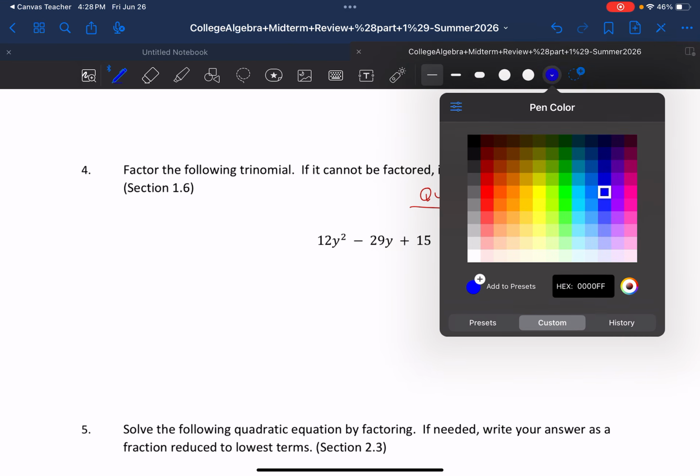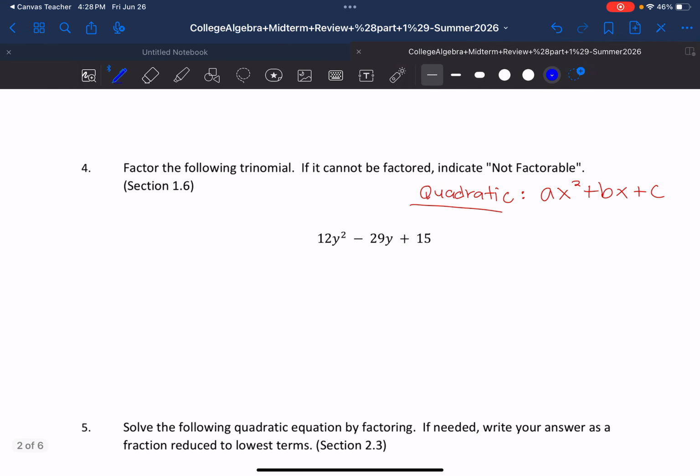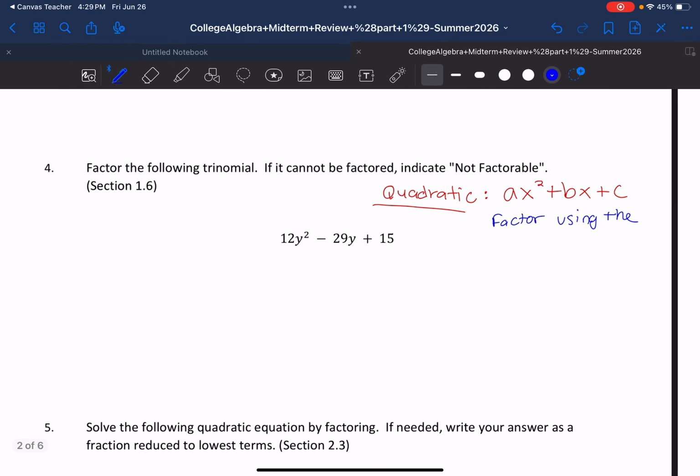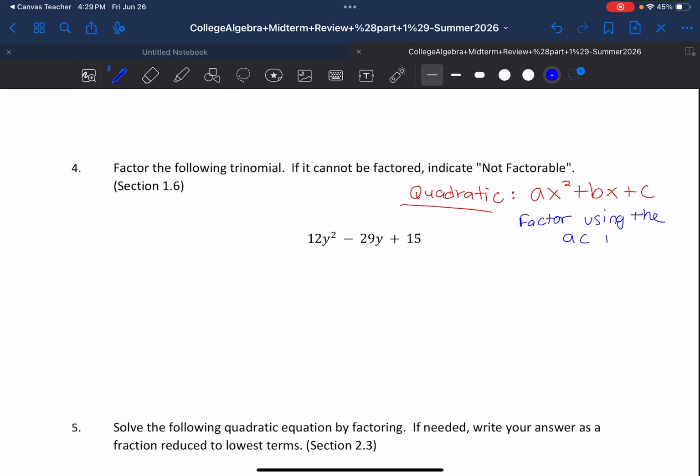So if you Google that, there's tons of videos on factoring using the AC method, and that's how you have to factor a quadratic of this form.